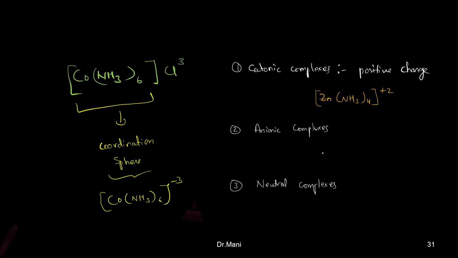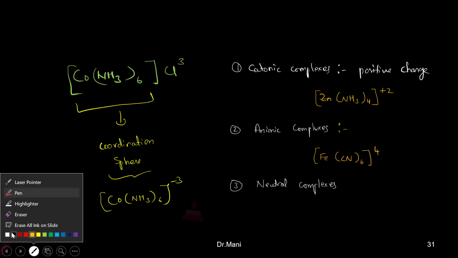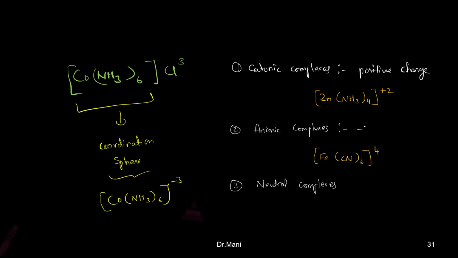If you take the anionic complex, Fe(CN)6 4 minus. So from this you can say, what is the anionic complexes? Something that consists of negative charge. If it does not contain positive charge, if it does not contain negative charge, then we call it the neutral complexes.